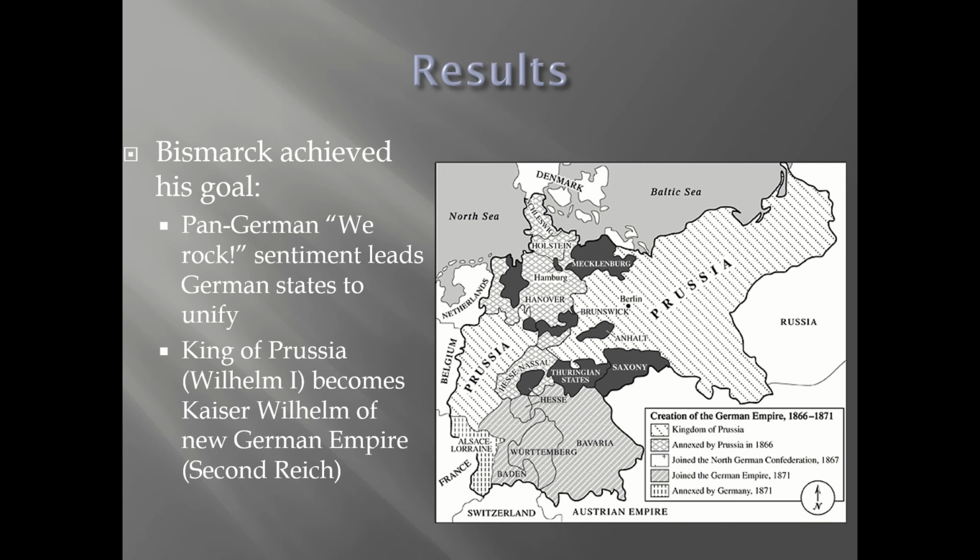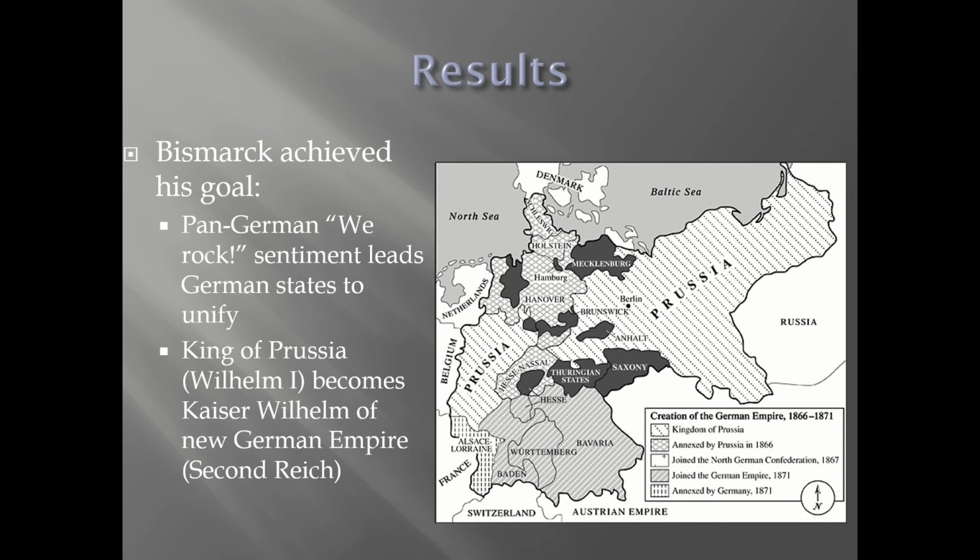And now his nephew's on the throne, but we beat him, and we did it together, right? And so this motivates the Germans to really come together, and again, the promise of the healthcare also acts as an incentive. And the King of Prussia, Wilhelm, or in German, the W's are V's, so Wilhelm I, becomes no longer king, but Kaiser Wilhelm of the new German Empire.